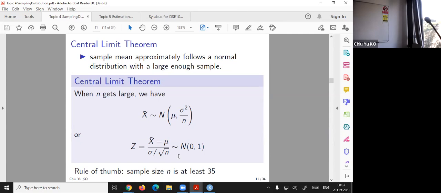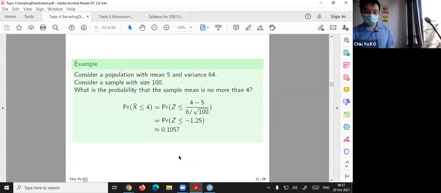When you normalize x bar minus mu by sigma over root n, it becomes a bell curve. This is an important result, but it only holds as n goes to infinity. In practice we never go to infinity, so when n is more than 30 or so, that is a good approximation. That is what we call the central limit theorem.